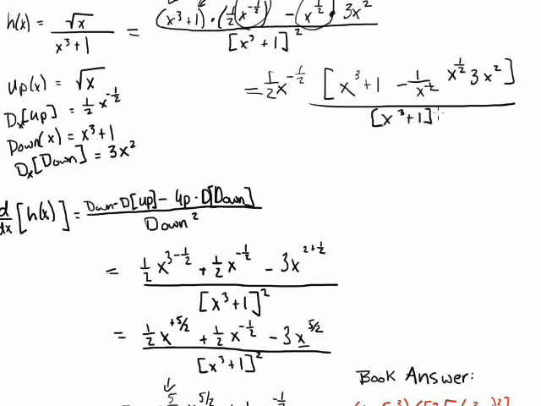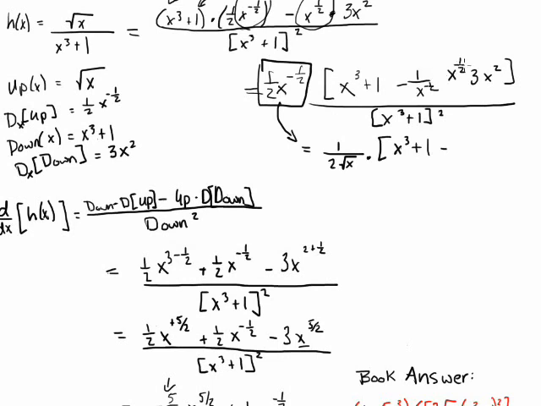And this is equal to, well, this is 1 over 2 square root of x. This thing is this part right here. And this is times, well, if we were to do this part out, so let's actually do it out. X cubed plus 1 minus, all right, well, 1 over x to the negative 1/2 is the same thing as x to the 1/2, so this is the same thing as x to the 1/2 times x to the 1/2, which is x.